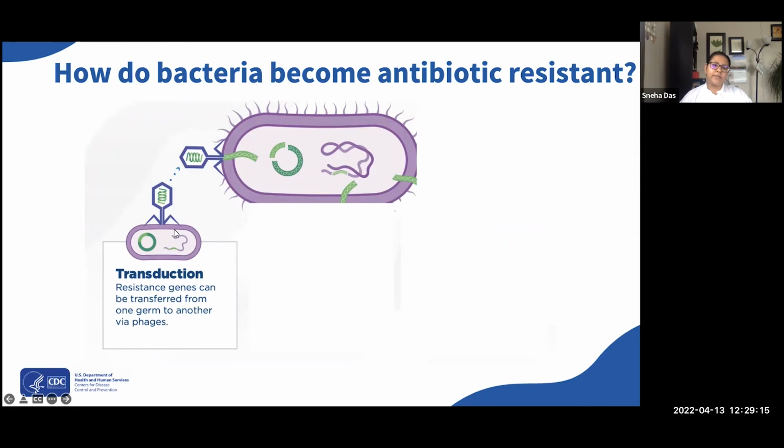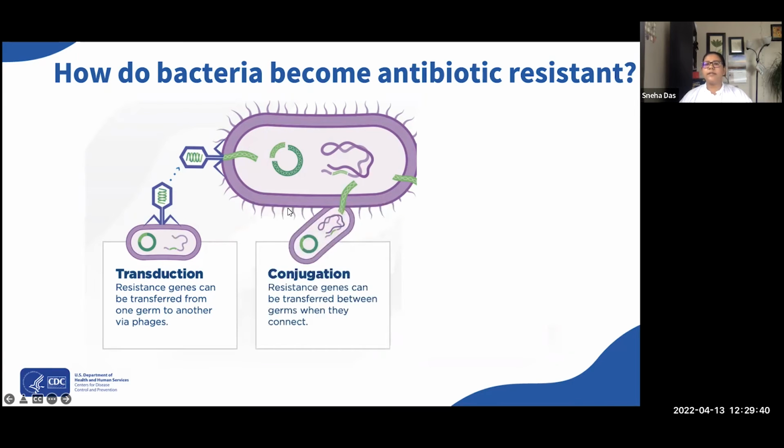So here you have a bacterial cell, and imagine that you have a mobile genetic element. When this phage infects this bacteria, it picks up this mobile genetic element, and then when it goes on and infects the next cell, it injects that DNA into the second bacterial cell, which now happens to have this mobile genetic element, which has resistance.